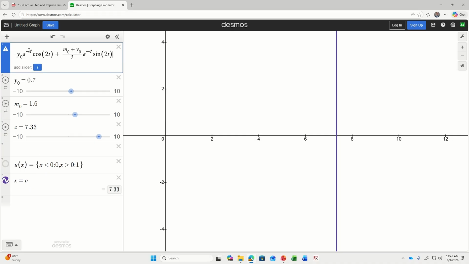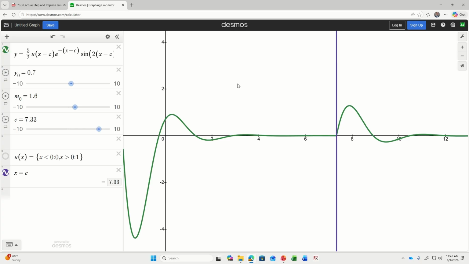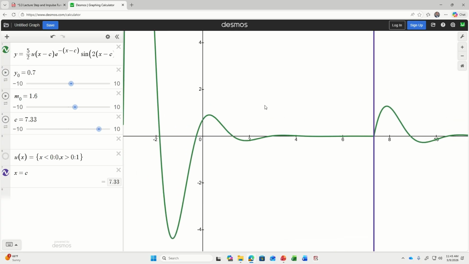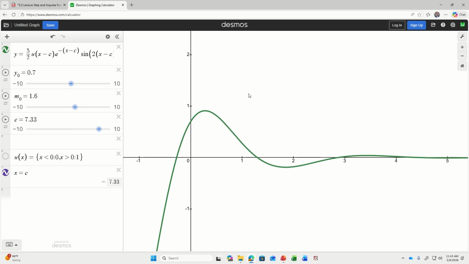Oh, sorry, I've switched from x's to t's. So I've got to go back and fix my t's. All right, so in green, notice this is the solution.